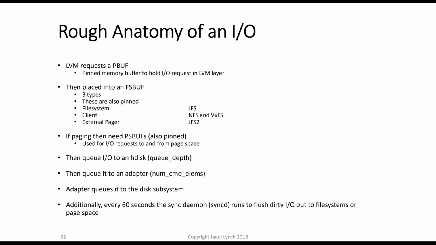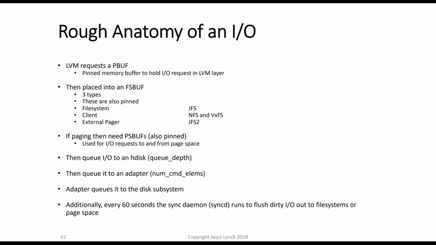Now, additionally, about every 60 seconds, there's something called the sync daemon, and if you're just running regular JFS2, that'll run every 60 seconds, and its purpose is to run through memory and flush out any dirty I/O to the file system. So if you've modified pages in memory, about every 60 seconds, those get written out.